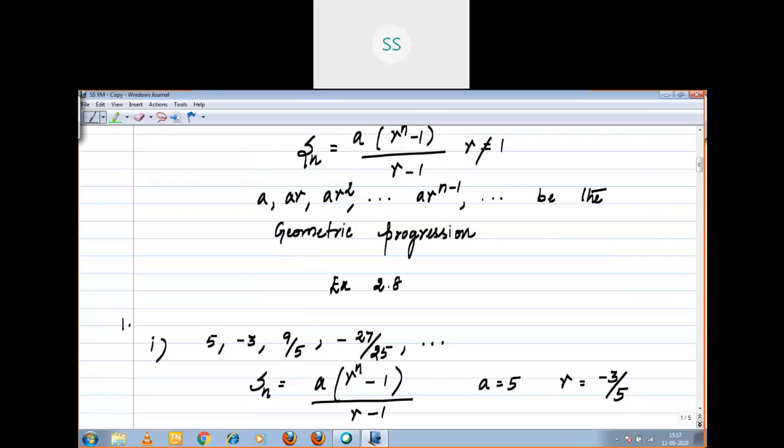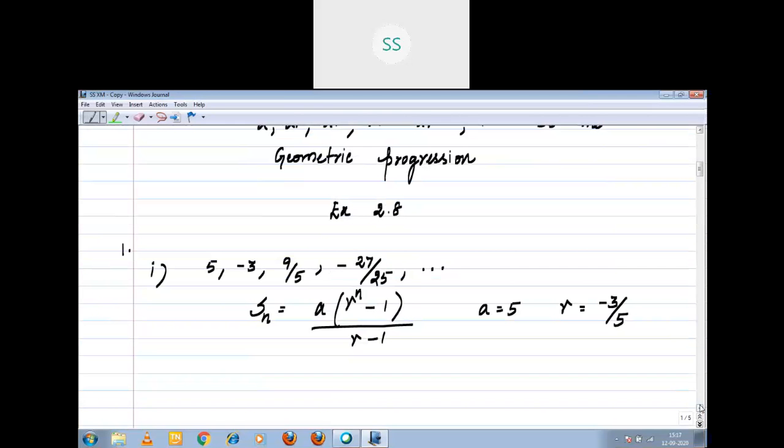In AP we do second term minus first term, that's why we said difference. Here we divide, that's why we call it ratio. Keep it in your mind, children. R is not equal to 1.